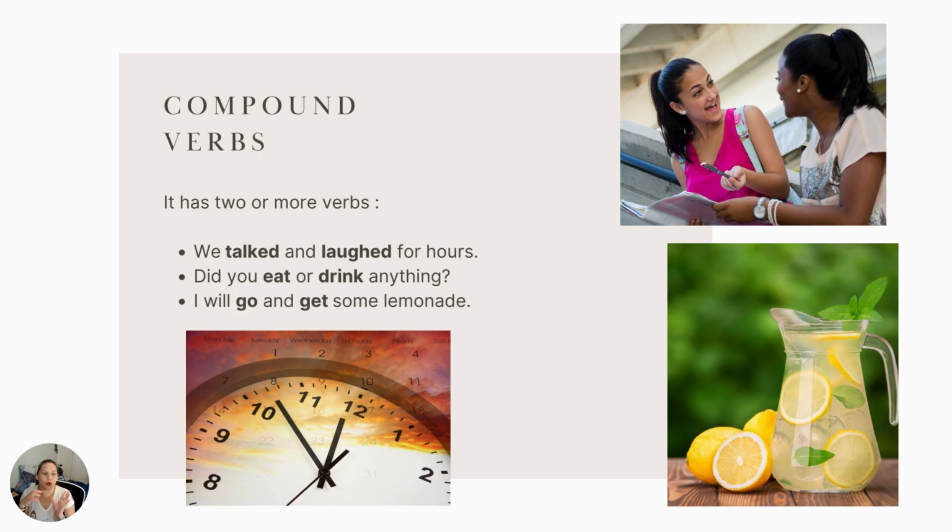Those are also two different verbs. In this case, the sentence is in the future: I will go and get. You don't have to repeat will in the second one. It's supposed to be I will go and I will get, but you can just say I will go and get some lemonade, because you're using the conjunction and.